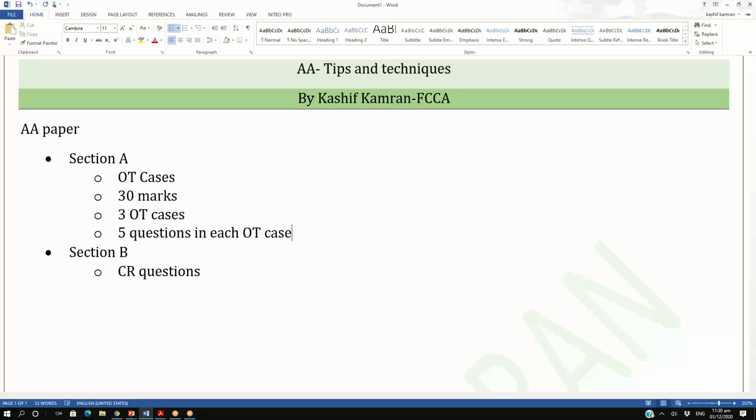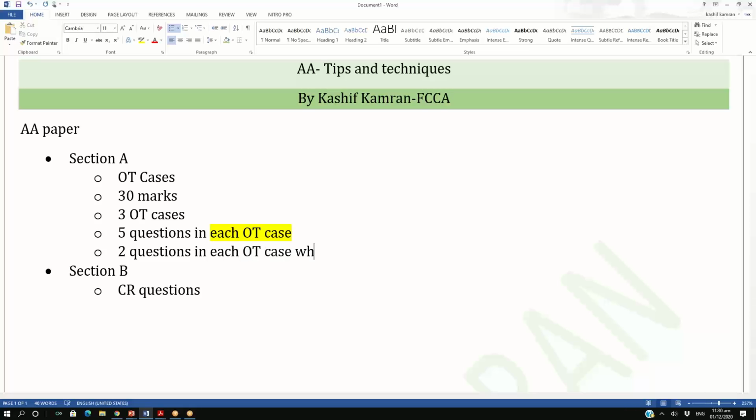Now, you need to remember one very important tip and technique here: when you're looking at these 5 questions in each OT case, there might be 2 questions in each OT case which test your knowledge of the subject matter.